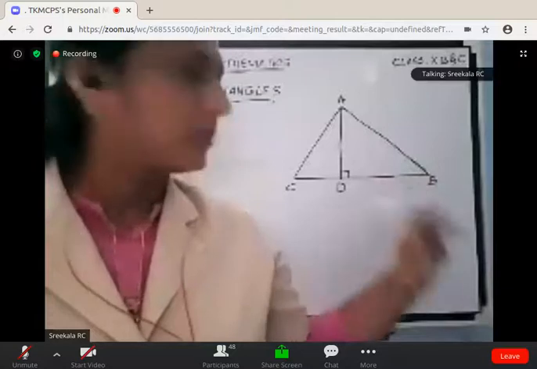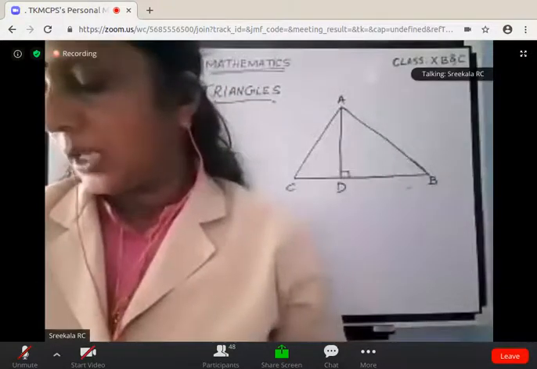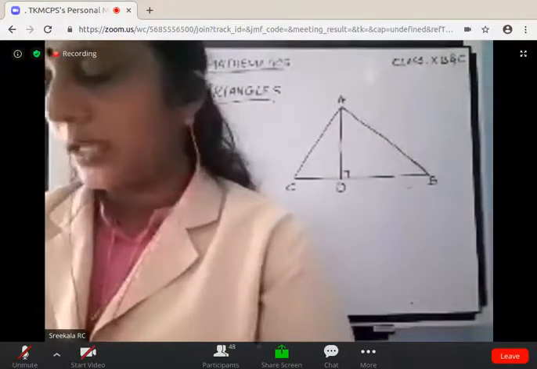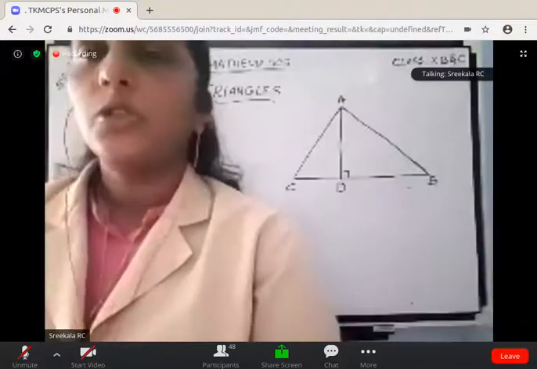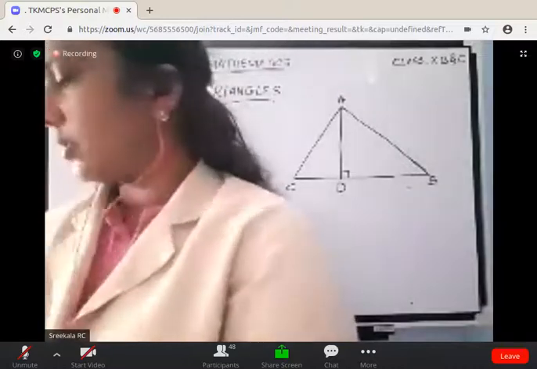That is given. Prove that 2AB square equals 2AC square plus BC square. That you have to prove.